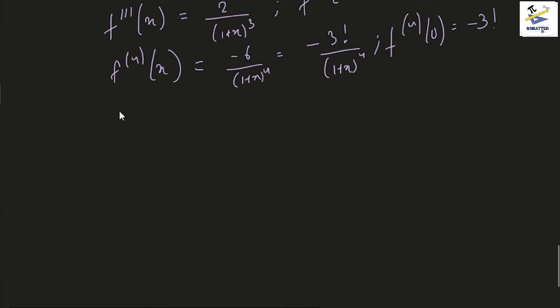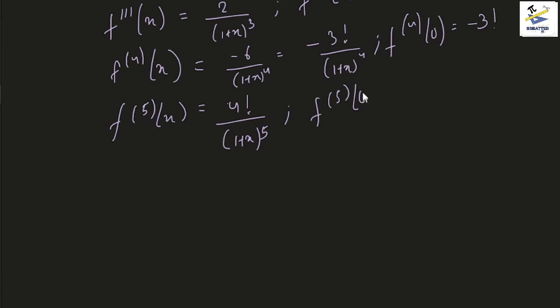Let us do 2 more terms. f5 of x would then be the differentiation of this, which would give you another minus, it will make it a plus, and it will be 4 factorial by 1 plus x to the power 5, which would give me f5 of 0 equals to 4 factorial. And similarly, f6 of x should be minus 5 factorial, judging by it.